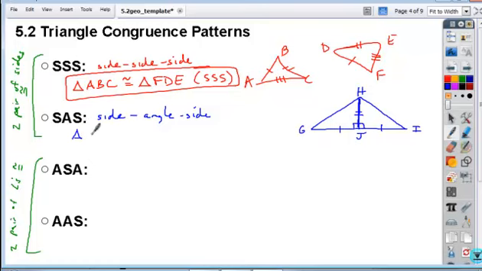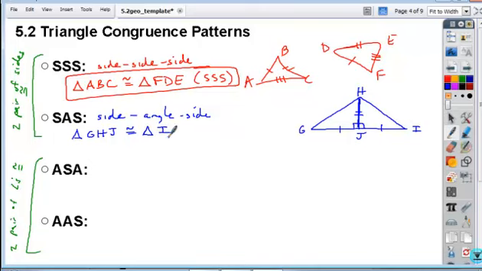So we can write our statement. Again, you can write it in alphabetical order, GHJ, but it doesn't have to be. You could pick any arbitrary order for those. However, the second part of the statement does have to map onto it. So G is opposite the 2 tick marks, so it corresponds to what vertex in the other triangle?